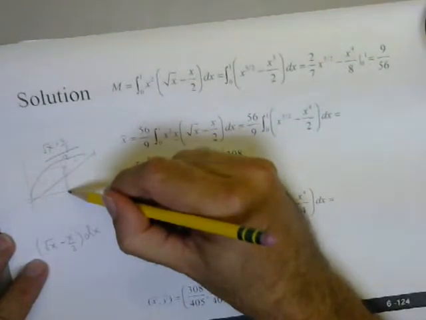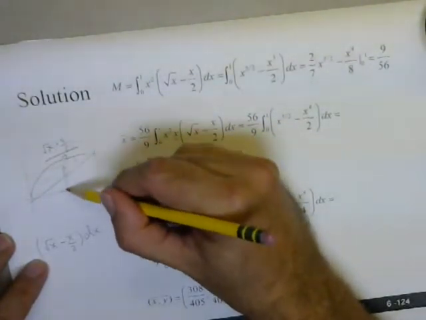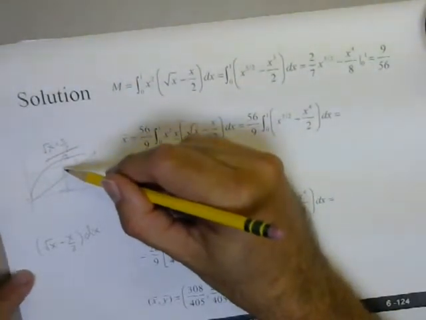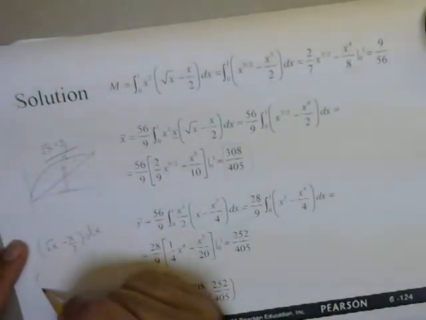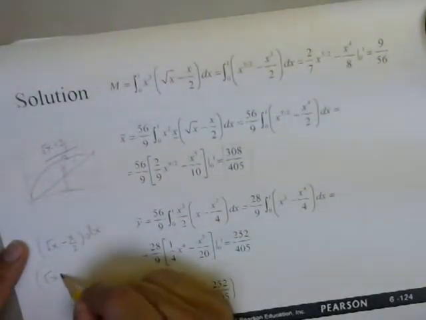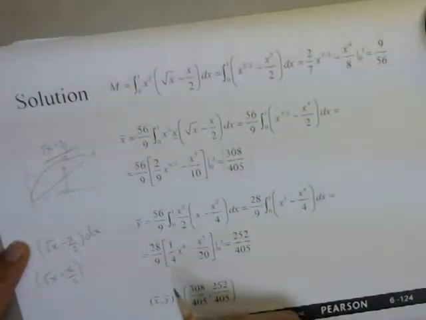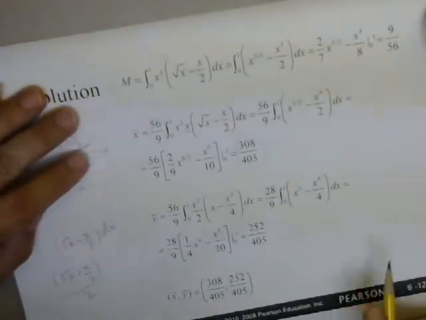And then I need to calculate its distance from this. Think of this as your axis of rotation. What's the distance here? Well, it's what I just calculated: the square root of x plus x over 2, divided by 2, and I multiply those together.